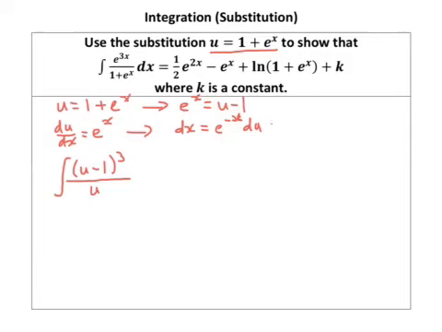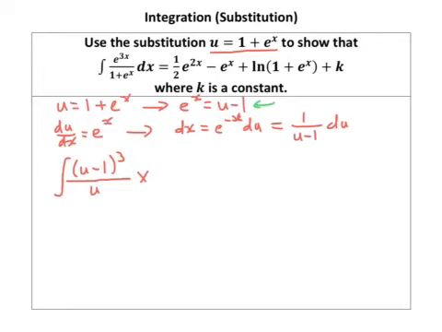Now this actually is not very useful at the moment. e to the minus x, I want that really in terms of u. So e to the minus x is 1 over u minus 1 du, and I've taken that from here, because e to the minus x is just the reciprocal of e to the x, isn't it? So there we go.